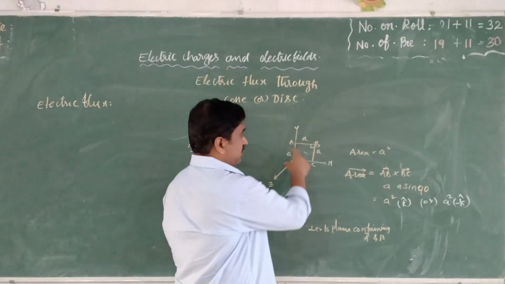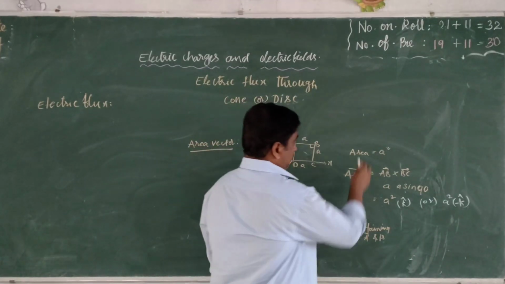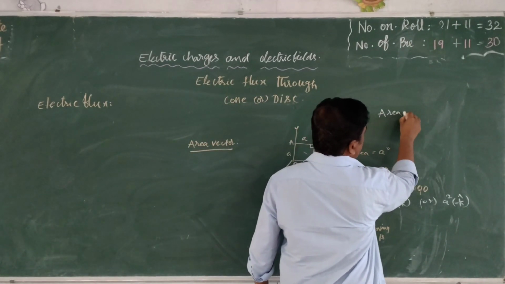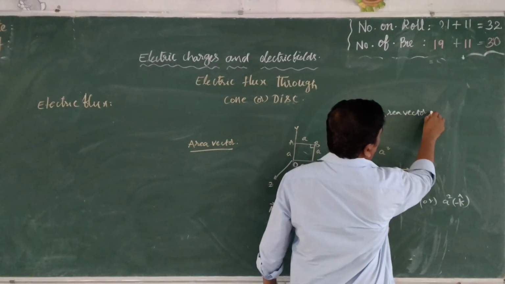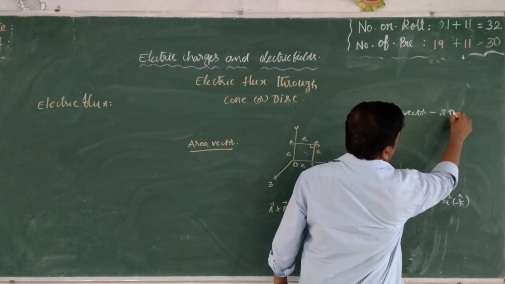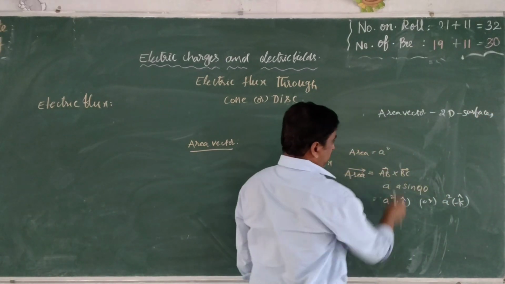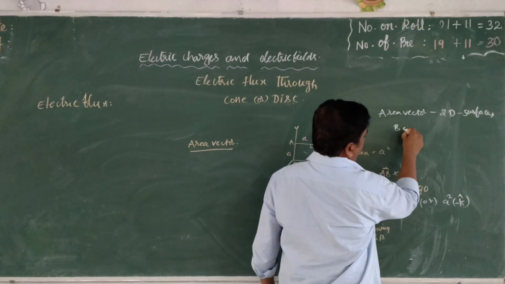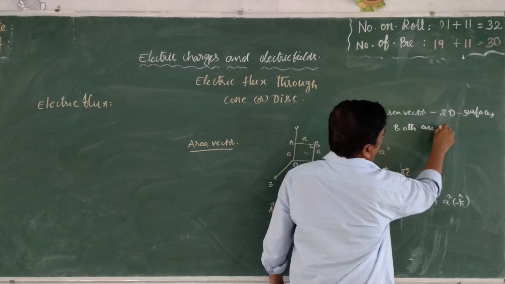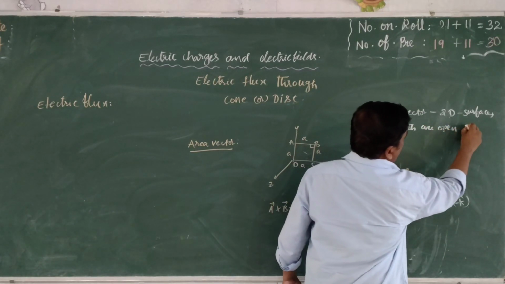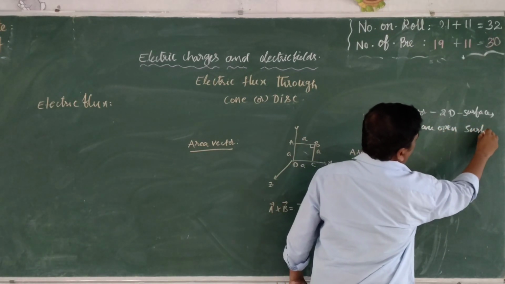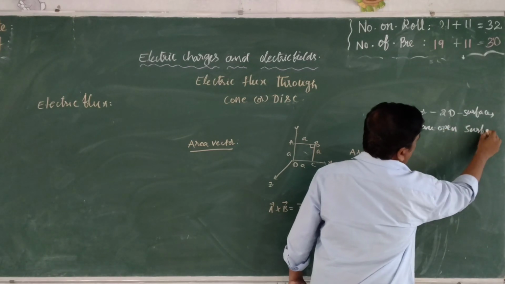So for 2D surfaces, both sides are open surfaces.